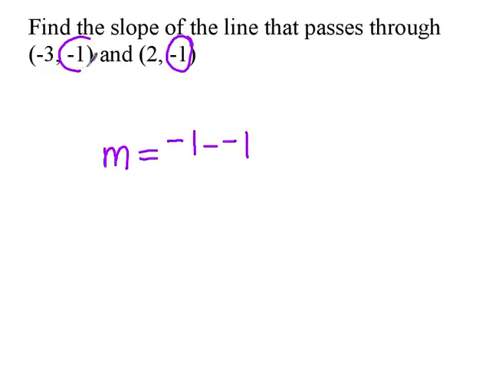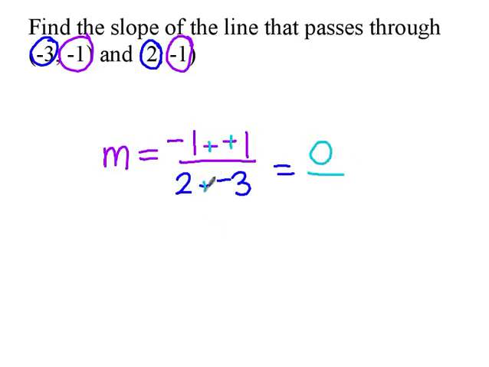That's my y's. Divided by 2 minus -3. So let's calculate that. -1 minus -1. What does that give me? 0 divided by what? 5. What is 0 divided by any number? 0. There you go.